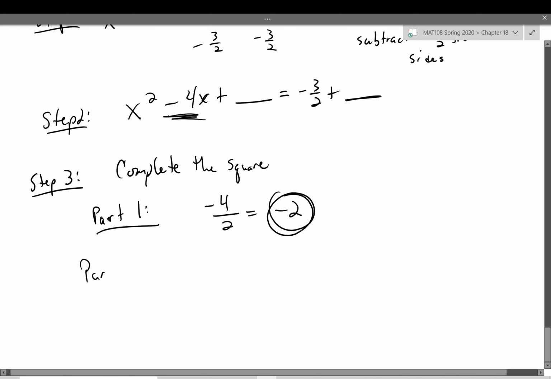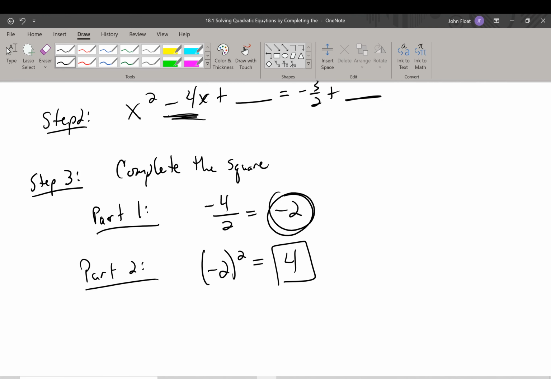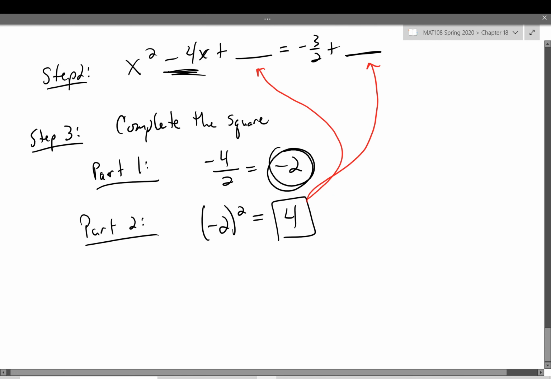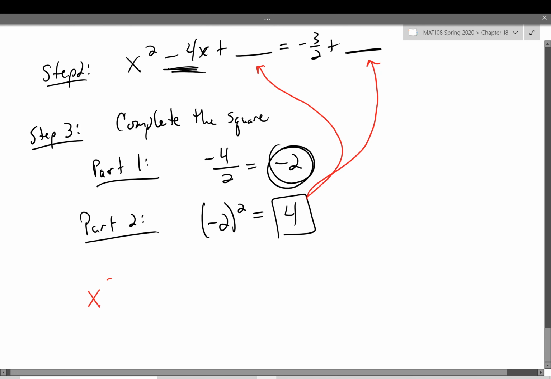And then part 2, I take that result, negative 2, and I square it to give me positive 4, and I put a square around it. Now, I know that 4 is going to go on the left and right-hand sides of my equation, so I'm going to rewrite it. x squared minus 4x plus 4 equals negative 3 over 2 plus 4, okay?